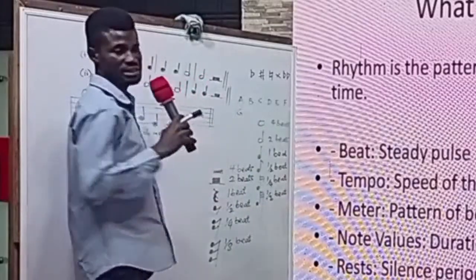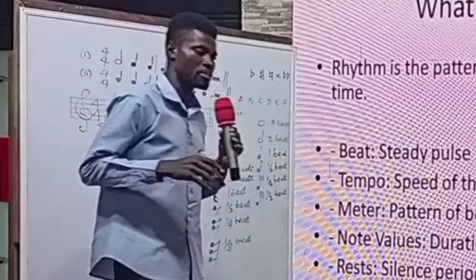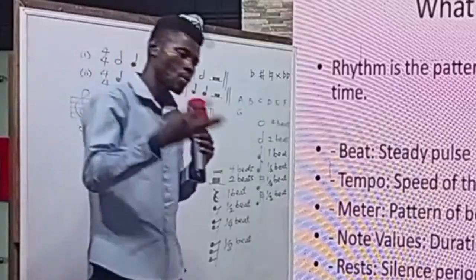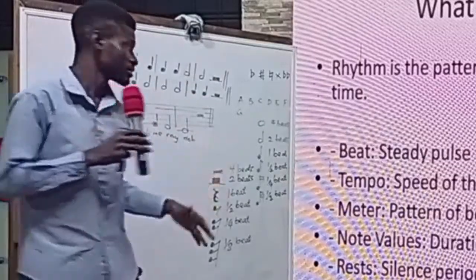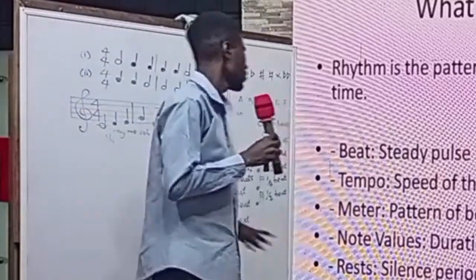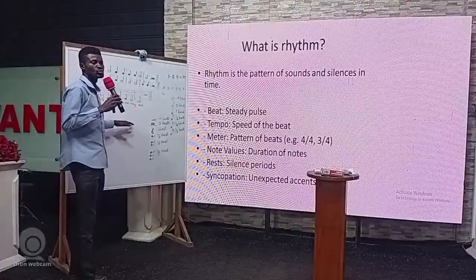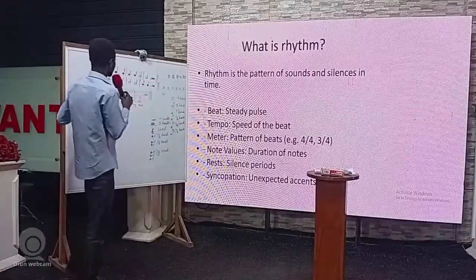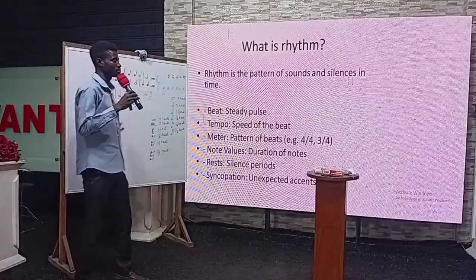For instance, in a 4/4 time signature, we have the pulse 1, 2, 3, 4, 1, 2, 3, 4. It continues like that. In time signatures like 3/4, we have the pulse 1, 2, 3, 1, 2, 3, 1, 2, 3. So we can see that the beat for 4/4 time signature is different from the beat for 3/4 time signature.